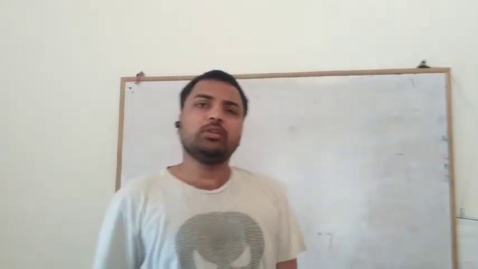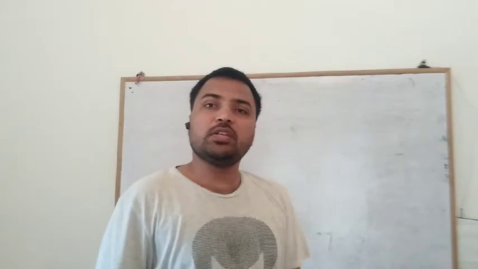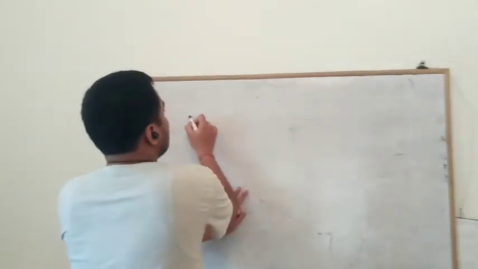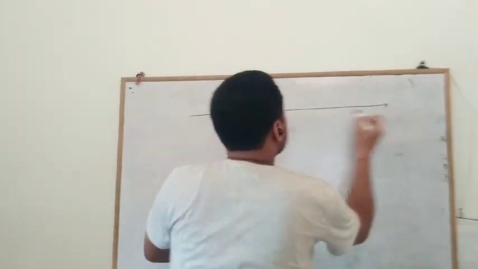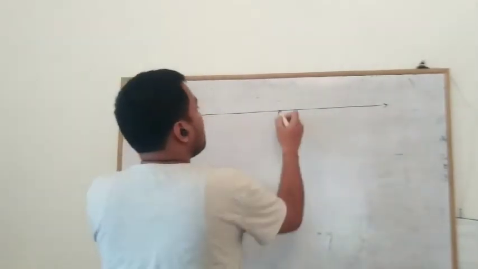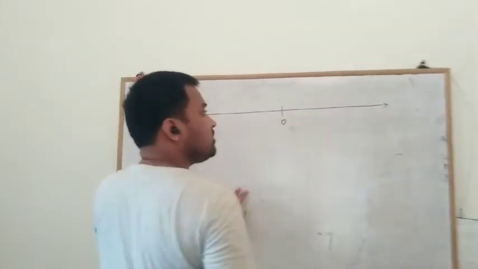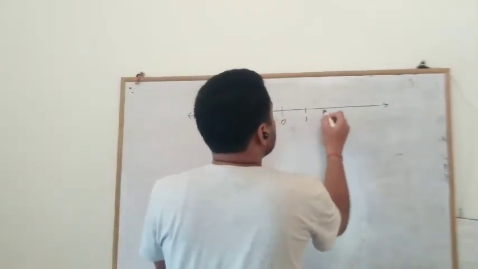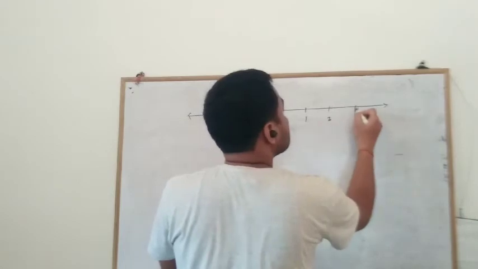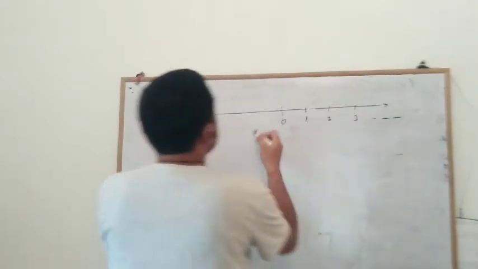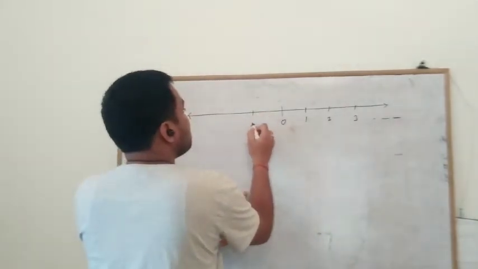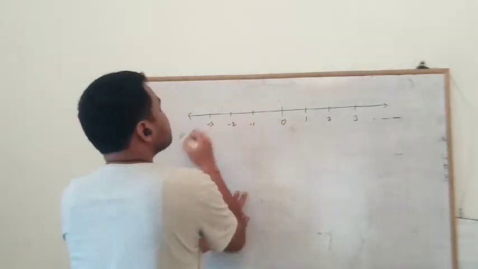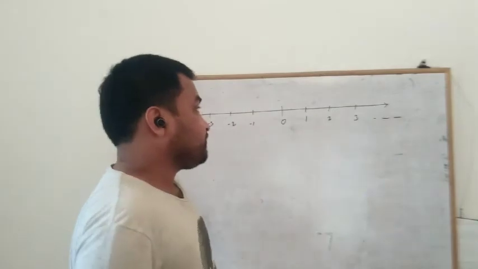Let's start with rational numbers and representing rational numbers on a number line. So as we know, if we consider this a number line and that is a reference point 0, on the right side we represent positive integers or positive numbers, and on the left side we represent negative numbers, right?